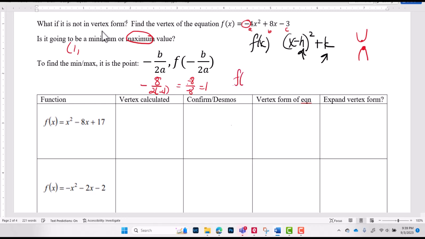So that's f of 1, that's the x value we found. And that is negative 4 times, I'm just putting 1 in, finding out what that function value is at x equals 1. So this is negative 4 plus 8 minus 3, which is equal to a positive 1. So my vertex is at 1, 1.